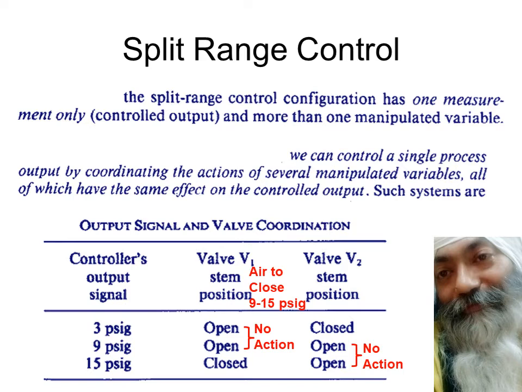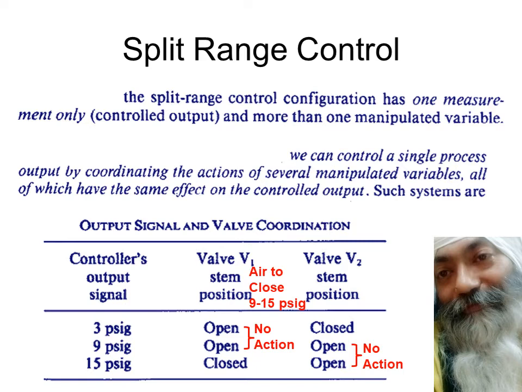So we have two options. One is to design a valve which operates from 9 to 15, and second, and the better and most often used option, is to make use of a valve positioner.